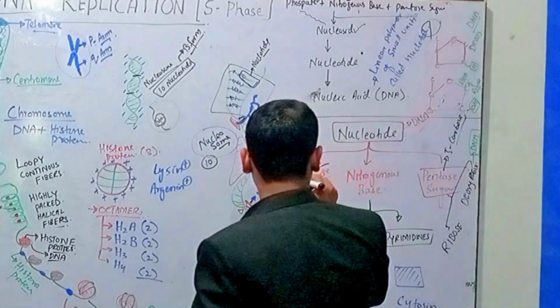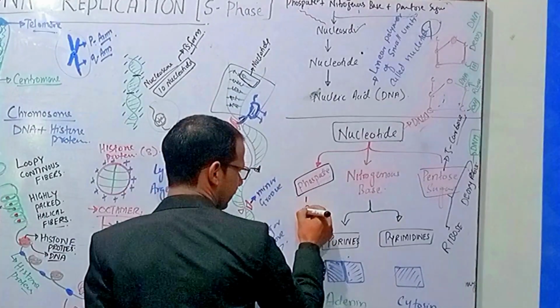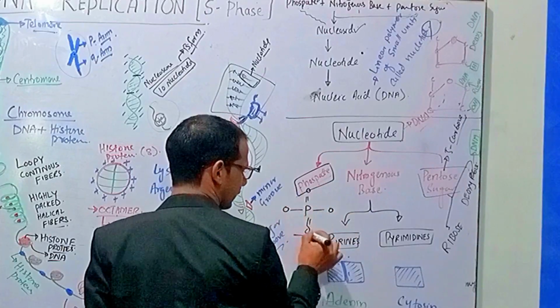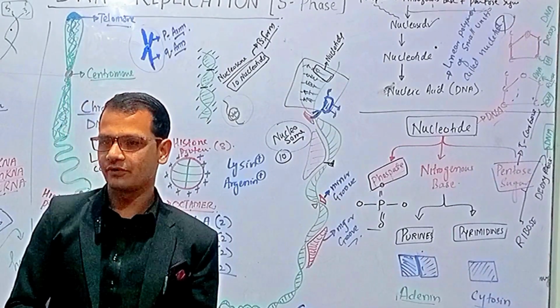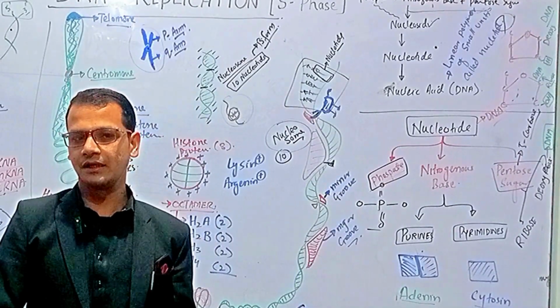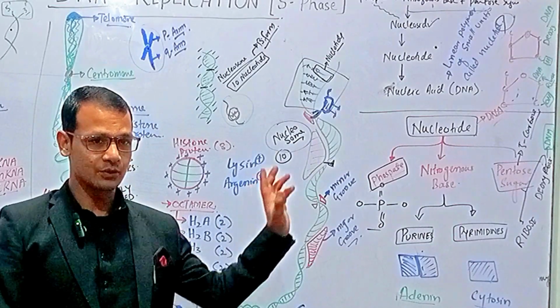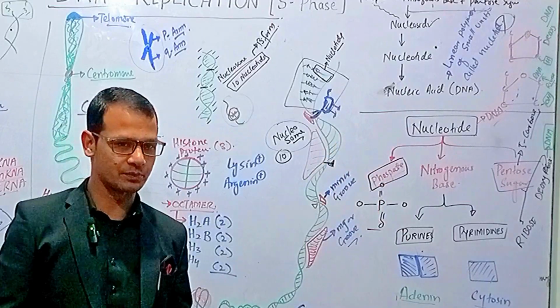The next thing is phosphoric acid, phosphate, and this phosphate is responsible for making the backbone of DNA, the strands. The strand is connected by phosphate group, right?